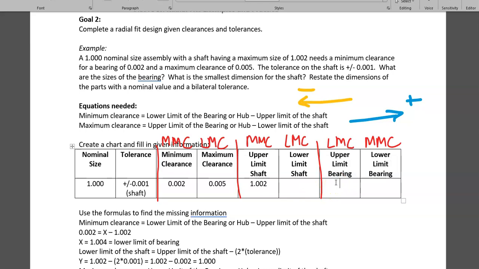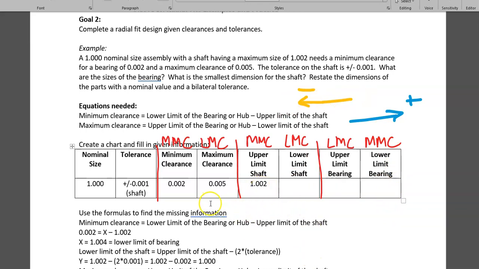Okay, so we want to think about it in the chart that we previously were using. We just turned the chart on its side and organized it a little bit differently into one row. Anytime I move in the direction from left to right, I'm going to be adding numbers. Anytime I move in the direction of right to left, I'm going to be subtracting numbers.